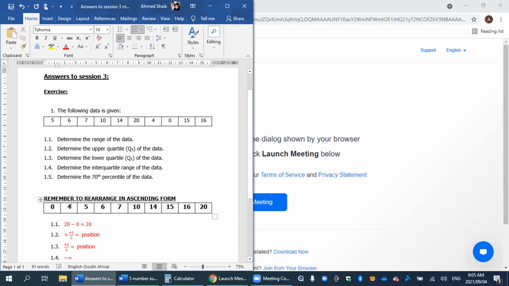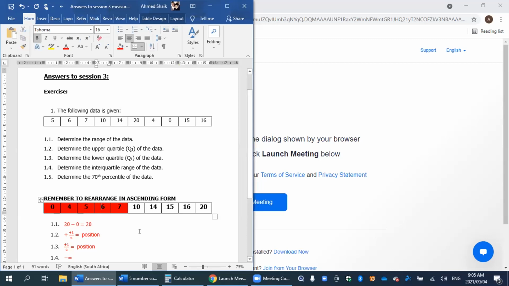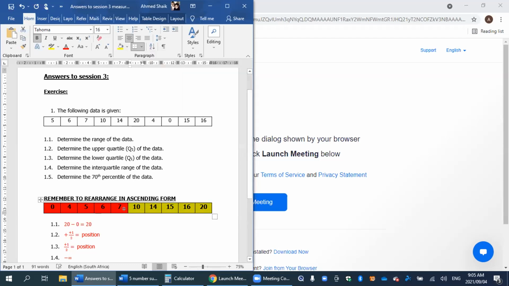So looking at this data set, I've got 10 values. I'm going to highlight my first 5, which is my lower half, and then my second 5, which is my upper half. That makes it a little bit easier for us to calculate whatever we need to find out.